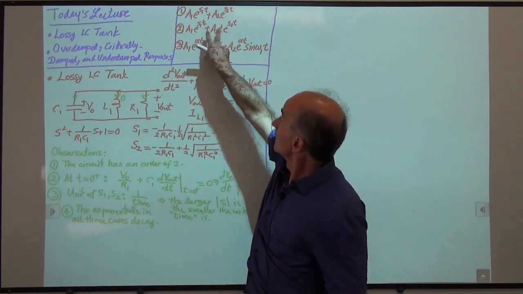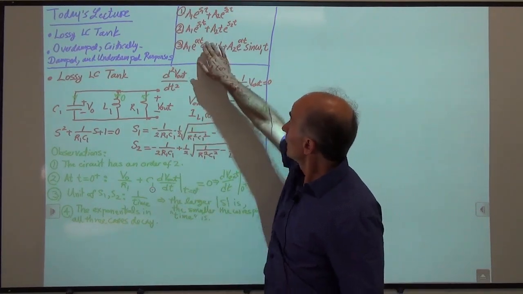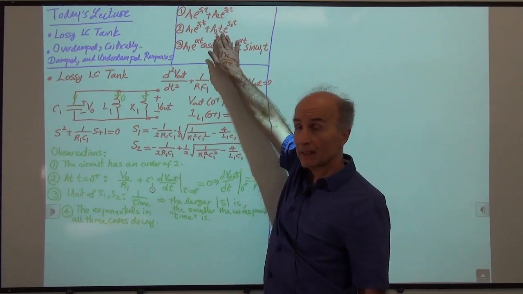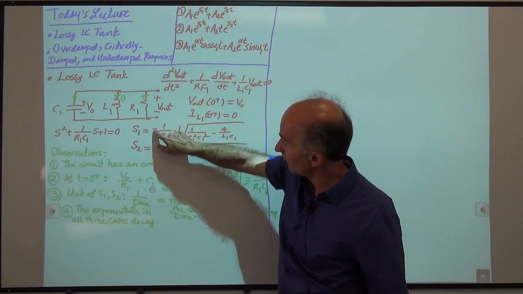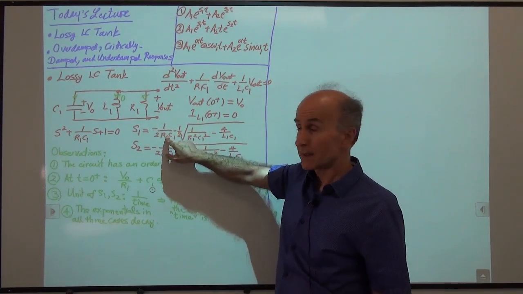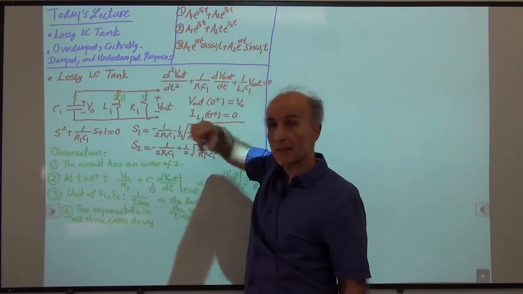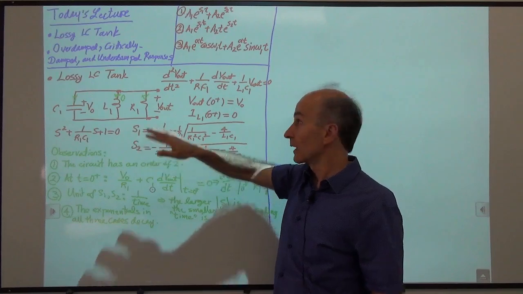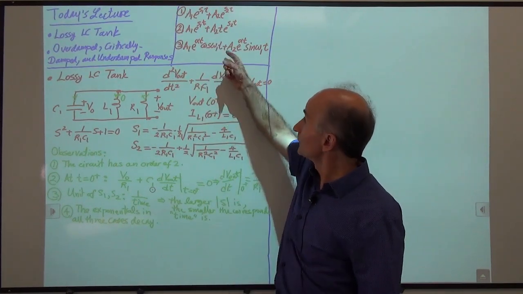How about this case? Same situation, because this solution is valid when this square root is 0. Again we have a minus here, so this has a negative power multiplied by t. That guarantees that both of these die away, so the net result eventually goes to 0. How about here?